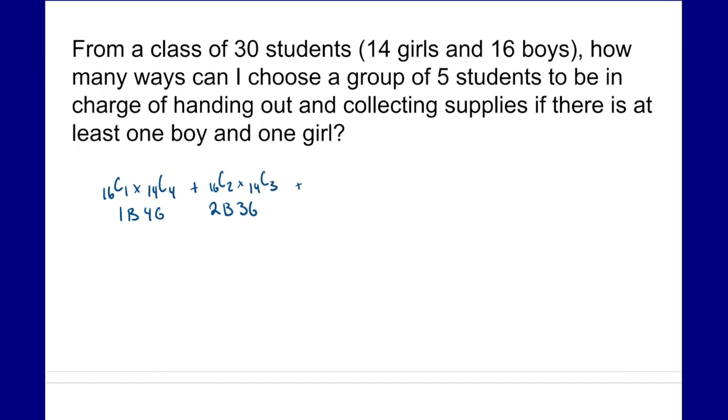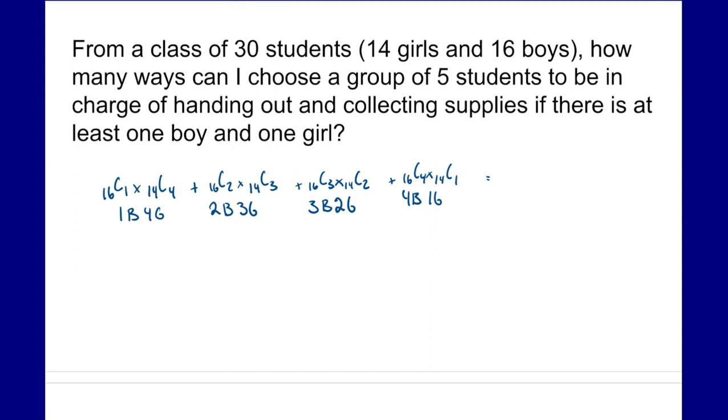Plus the next case, 3 boys and 2 girls. Similar scenario, 16 choose 3 times 14 choose 2. And we continue to the next one, which is 4 boys and 1 girl: 16 choose 4 times 14 choose 1. And we could add that up and find our final answer.